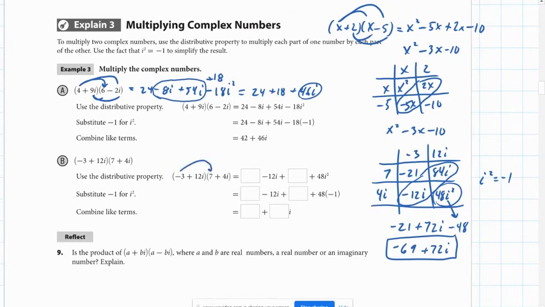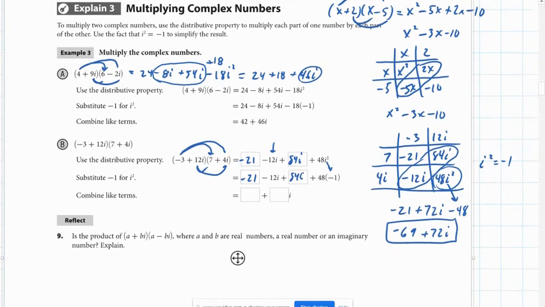If we use the FOIL method instead, we'd get minus 21 minus 12i plus 84i plus 48i squared, and this is minus 21 minus 12i plus 84i plus 48 times, remember, i squared is negative 1.